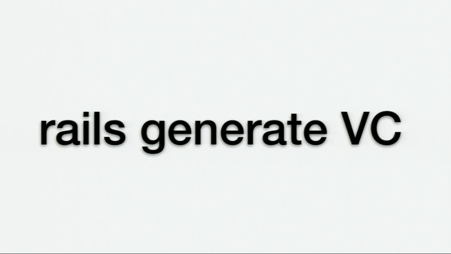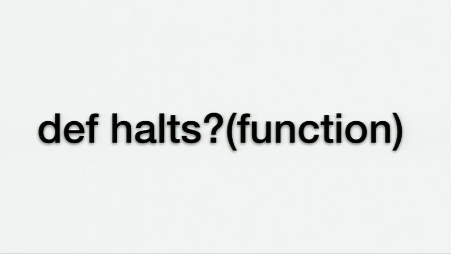Apparently, it only works in San Francisco. The other thing that DHH just committed the other day is called halts? You give it a function, and it tells you whether or not that function finishes. It's pretty amazing. I have to say, this has changed the face of computer science.